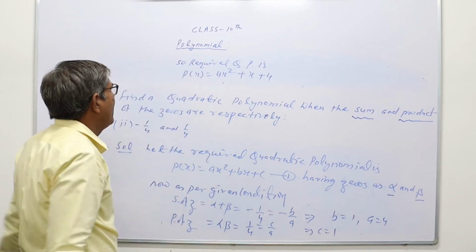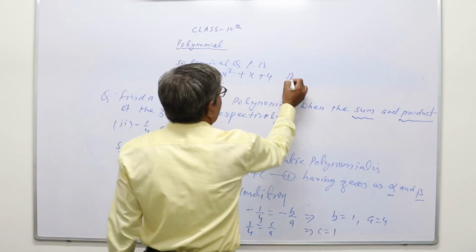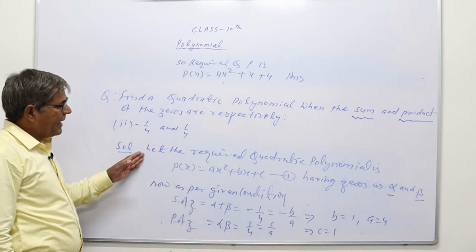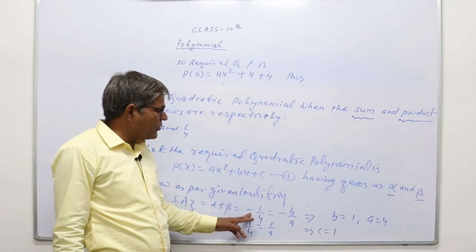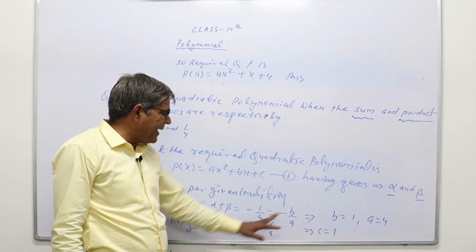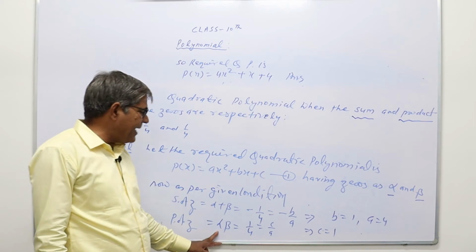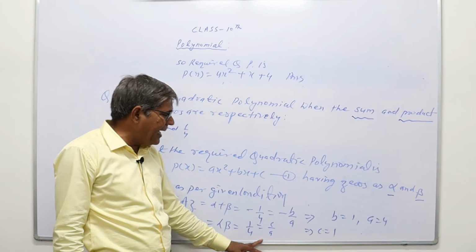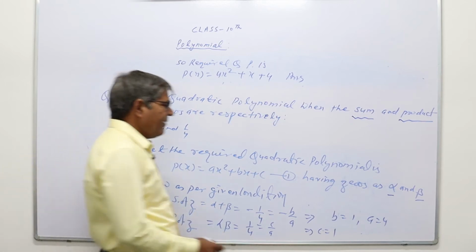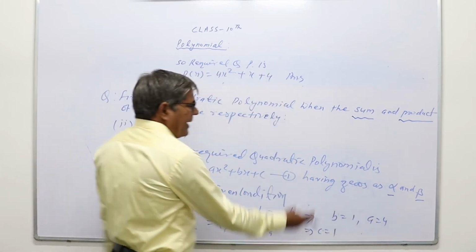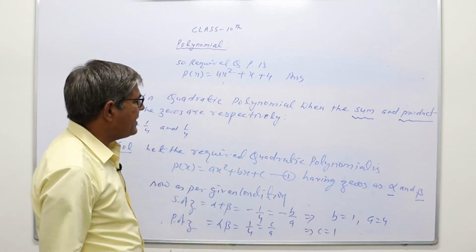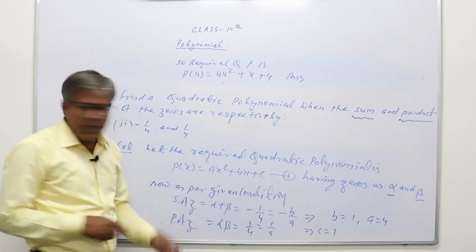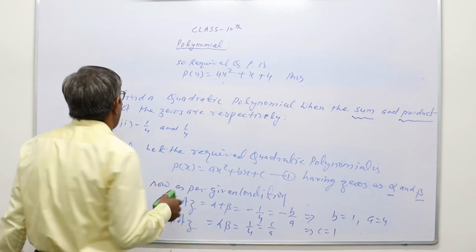So, this is your required answer. And how have we solved this? Using the method alpha plus beta equals minus 1 by 4 equals minus b by a, and product of zeros alpha into beta equals 1 by 4 equals c by a. By comparing, a is 4, b is 1, c is 1, and by substituting in the quadratic polynomial, in this way we will solve.